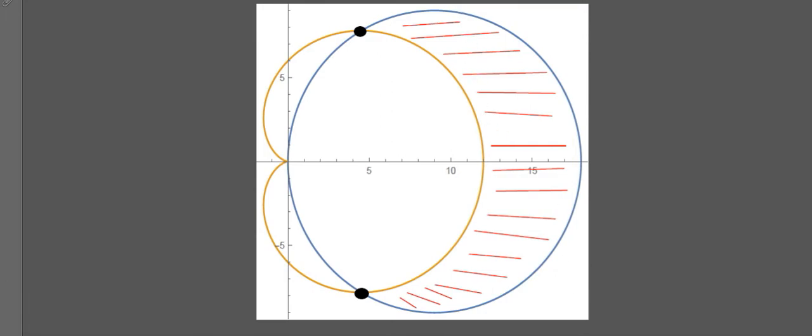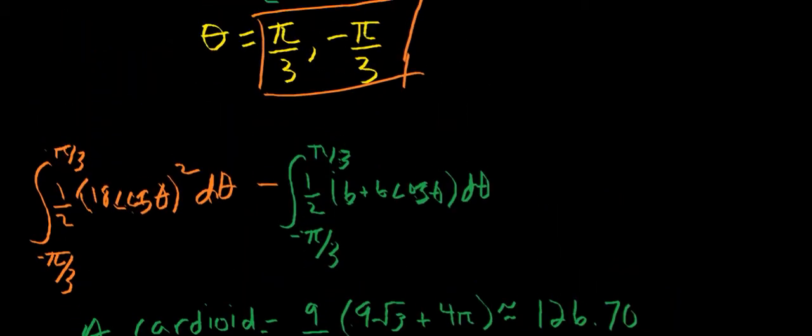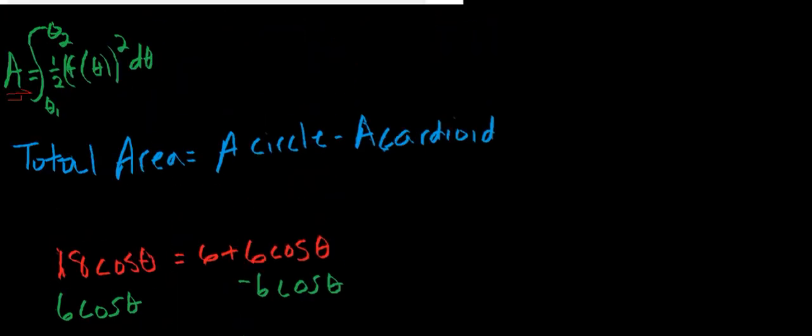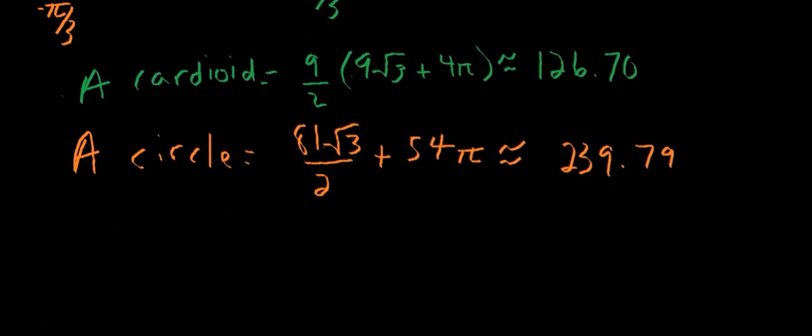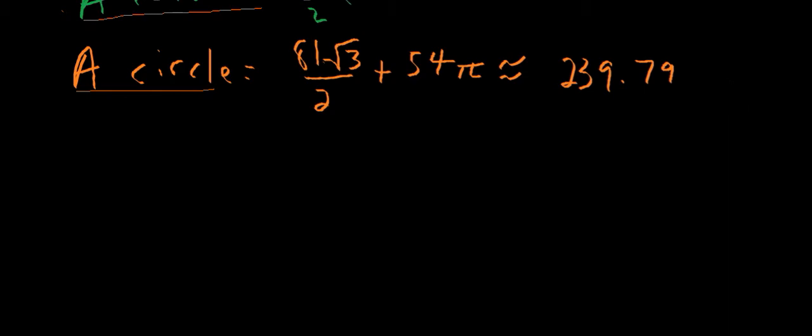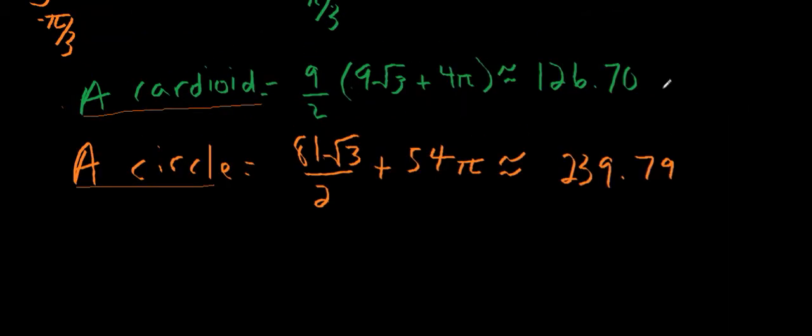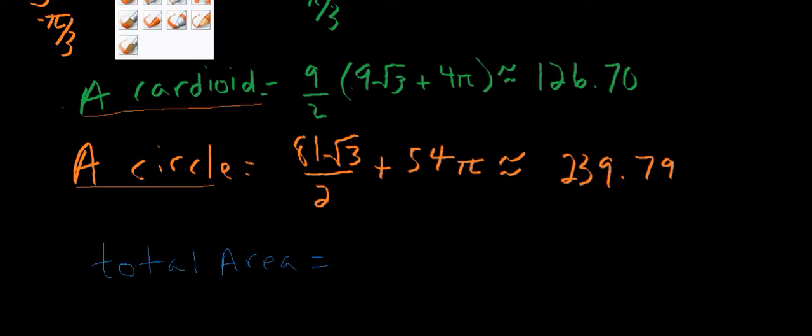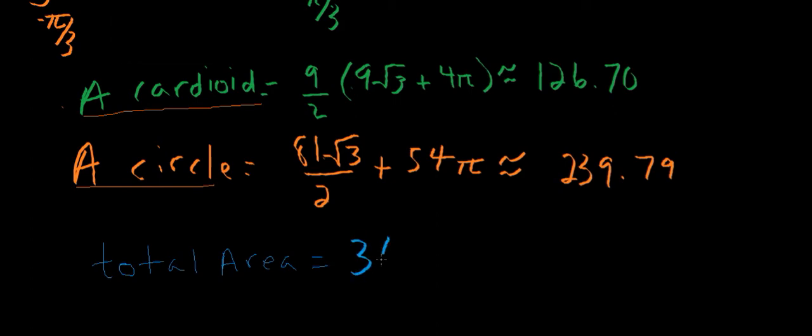Now, what is the equation that we need to find the total area bounded by this region? That's simply the area of the circle minus the area of the cardioid. So we take the area of the circle and subtract the area of the cardioid. When we subtract those two from each other, we get a total area value of 36 pi.